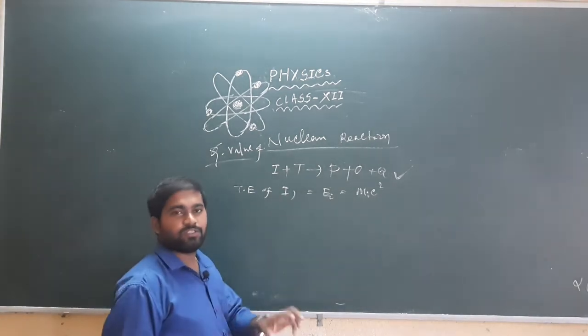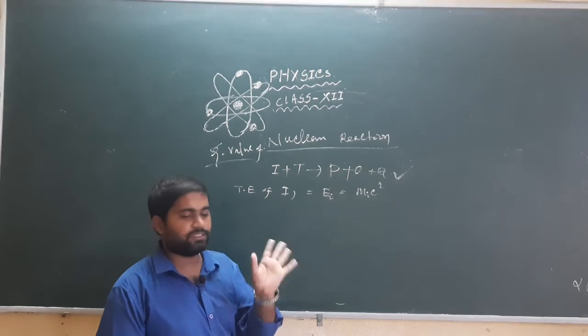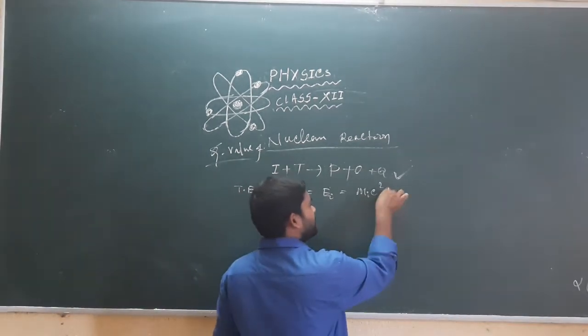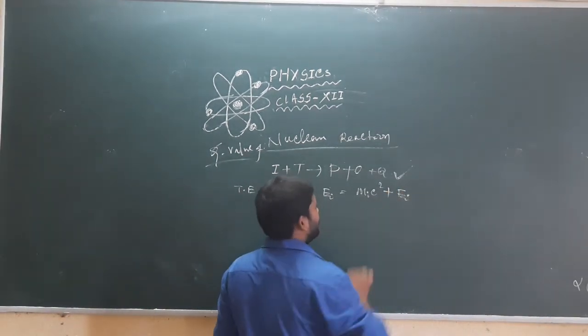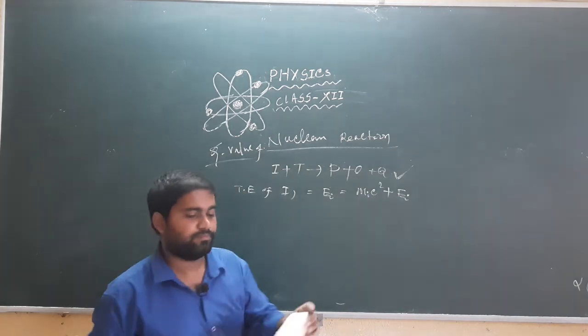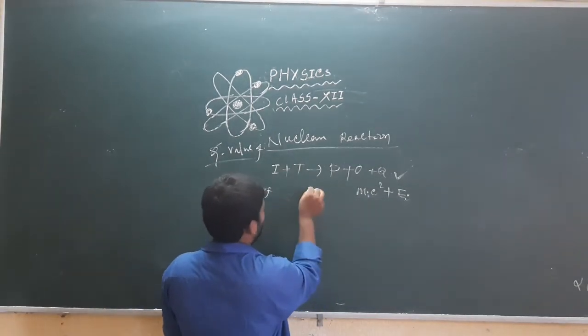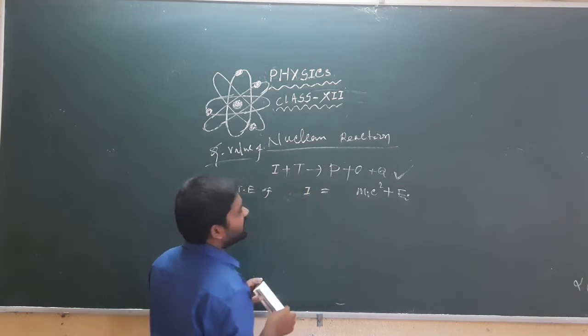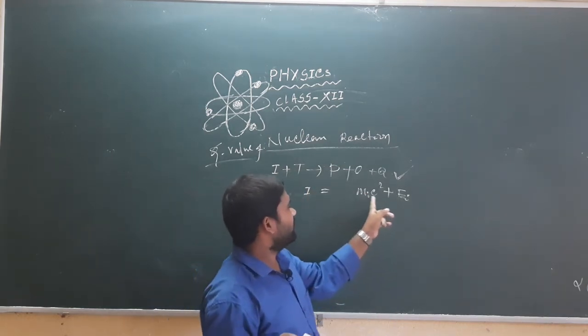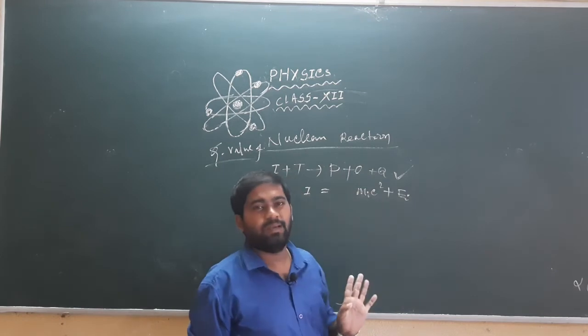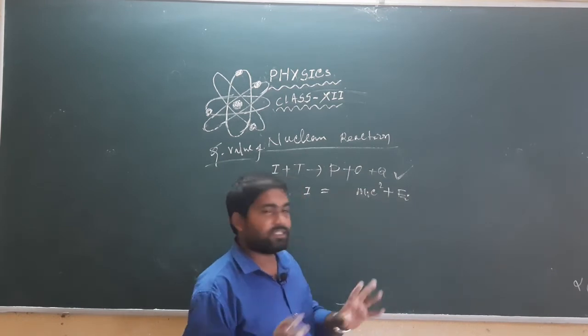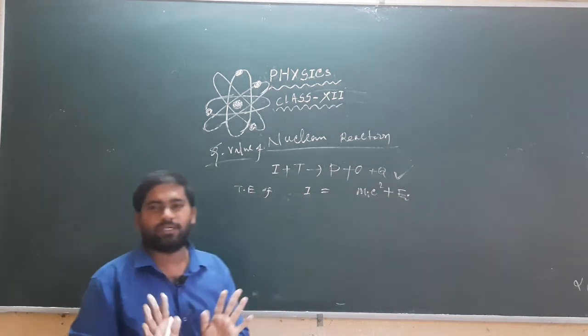The total energy is the sum of kinetic plus rest mass energy. So the total energy of the incident particle equals E_I plus m_i c squared, the sum of kinetic and rest mass energy.